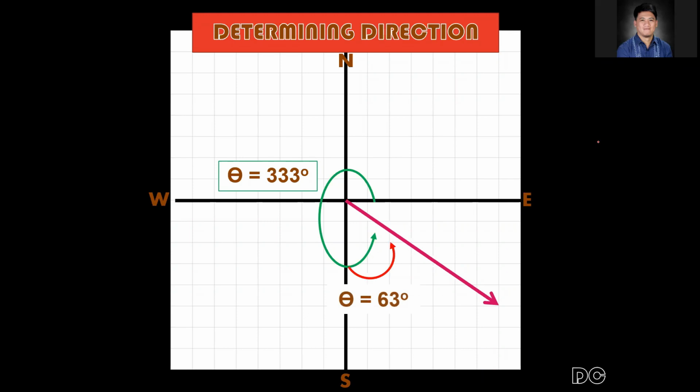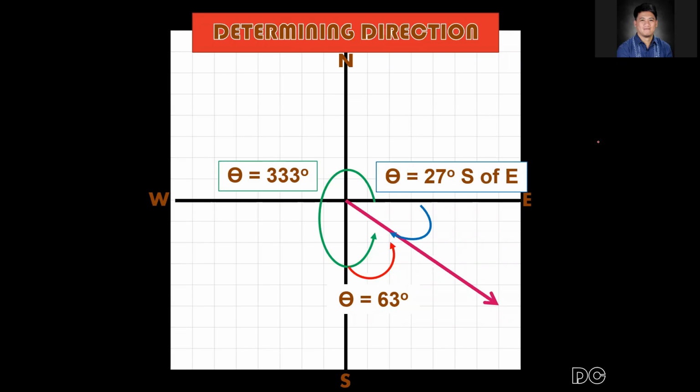And since our angle should start from the x-axis, therefore, we will subtract 63 degree from the 90 degree since it is the equivalent of south to east. And that is 27 degree.